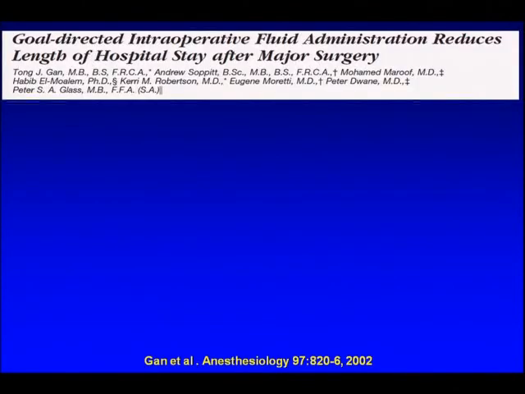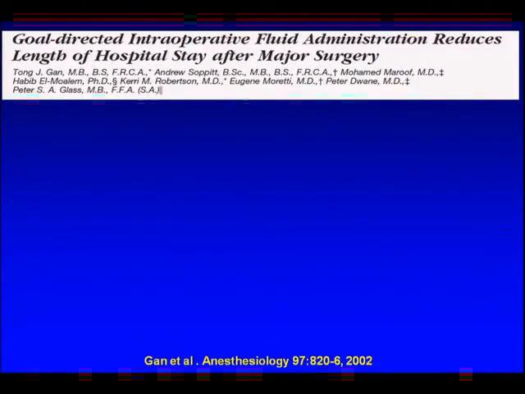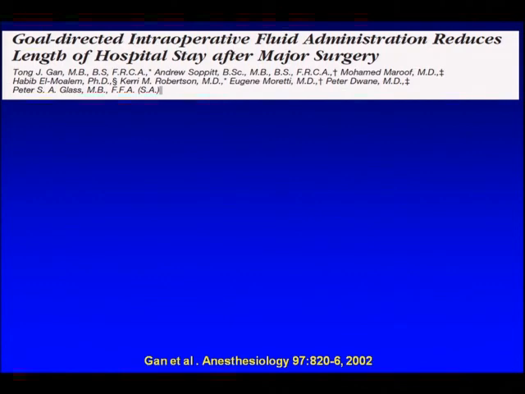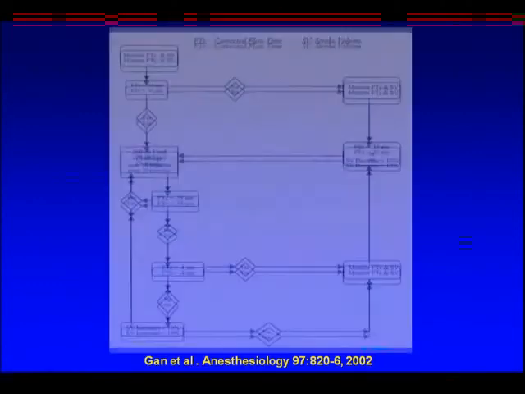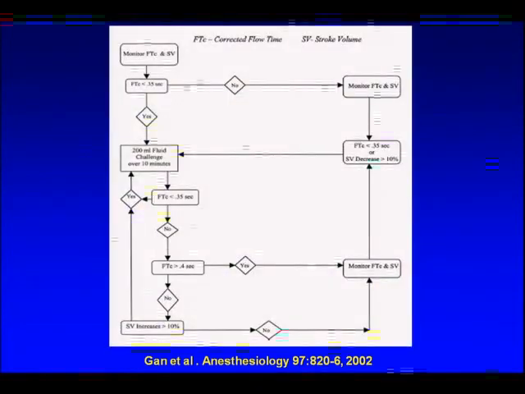What about the perioperative period, where we take care of these patients on a routine basis undergoing elective surgery? A number of years ago, we did this study looking at goal-directed therapy, trying to improve perioperative outcome in routine elective surgical patients, using an algorithm which is, again, very similar to the previous one.